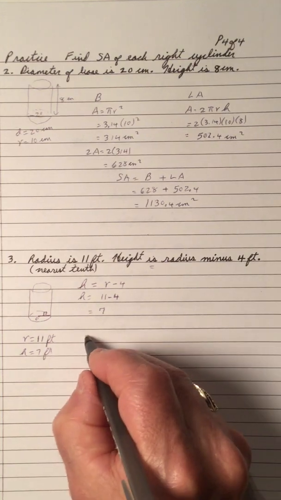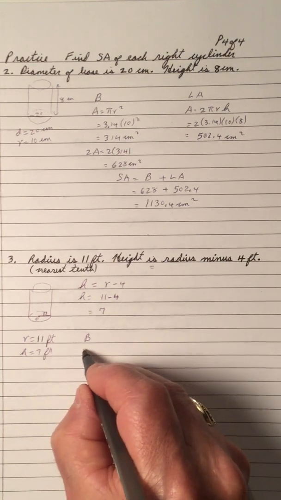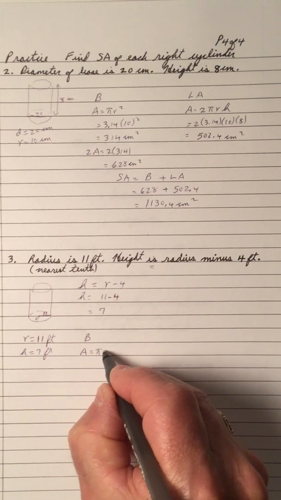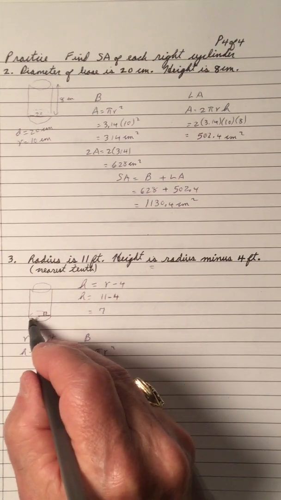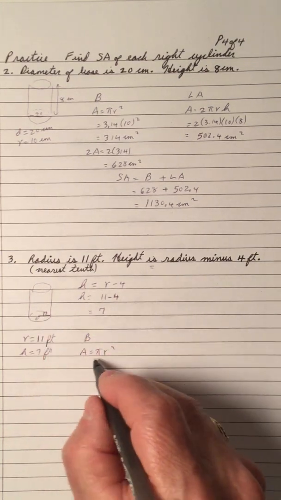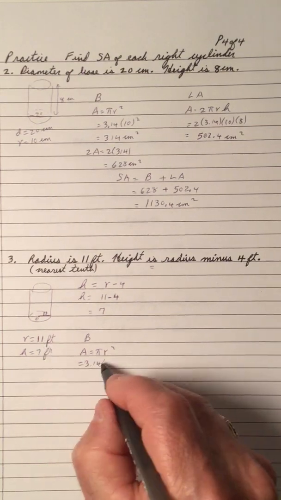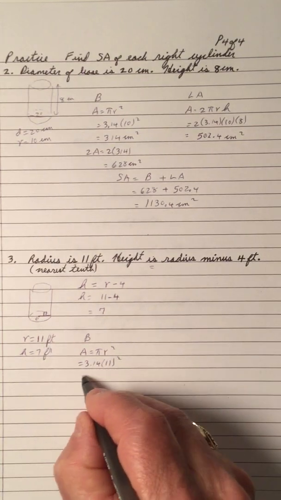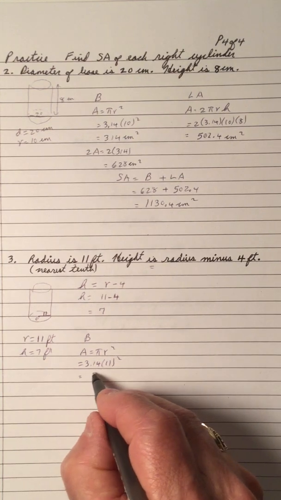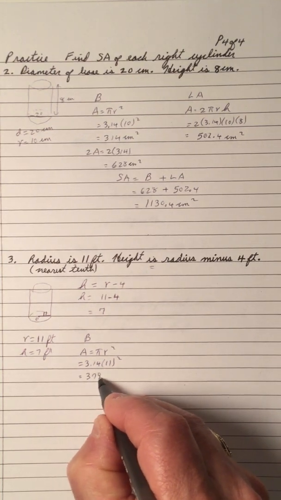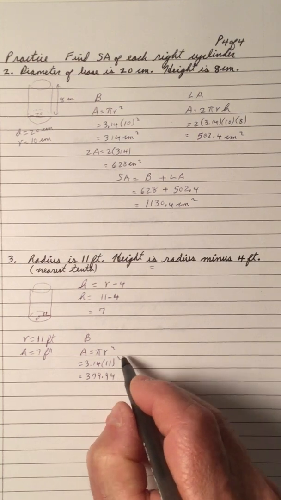So now we can get the base area. The base area is the area of a circle. Again, the bottom of the cylinder is one circle. So that's 3.14 times the radius, 11, squared. And the calculator gives 379.94.